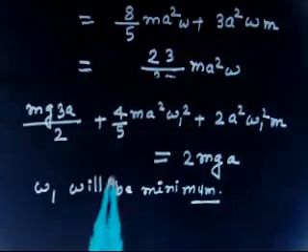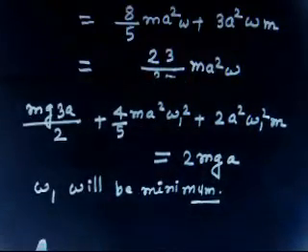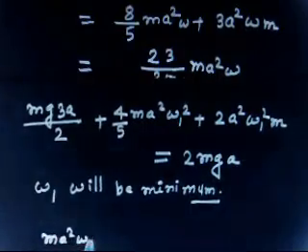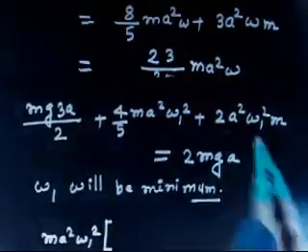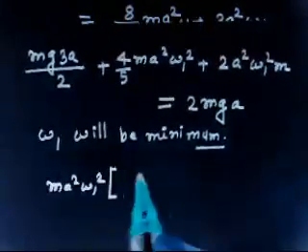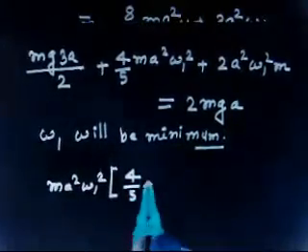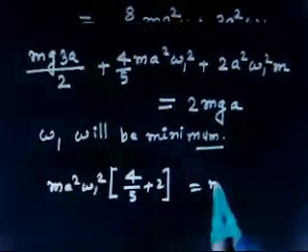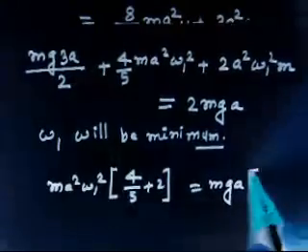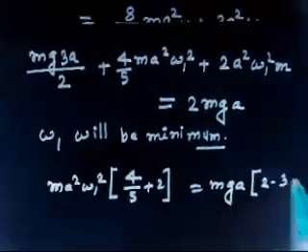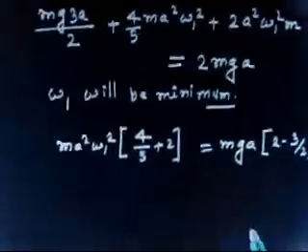So let us try to solve this one. So we will have 4 by 5. Let us take ma square omega 1 square common here. So we have 4 by 5 plus 2. And on this side, if you take mga common, you will have 2 minus 3 by 2, so 1 by 2 mga.